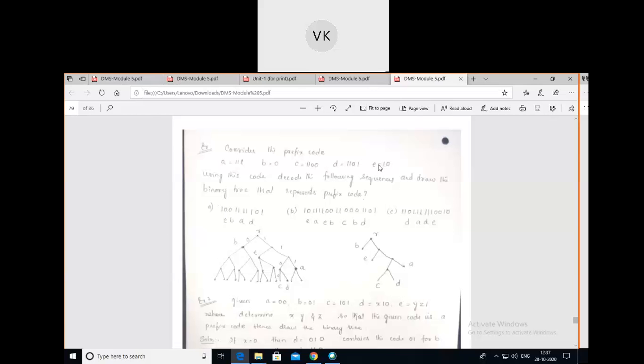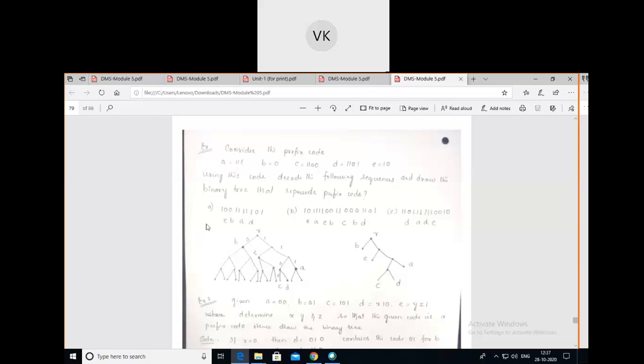If any symbol has that sequence, then you write the respective symbol. Otherwise, you add the next letter and do the same procedure till the last letter of the given sequence. Is there any doubt here?